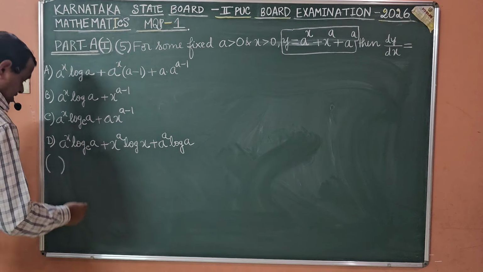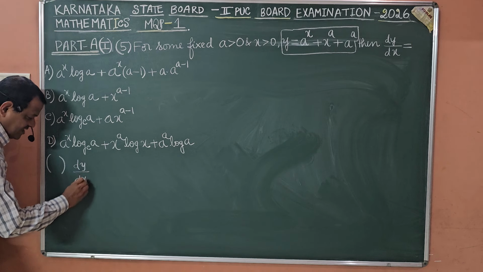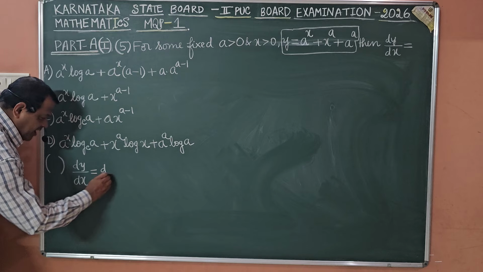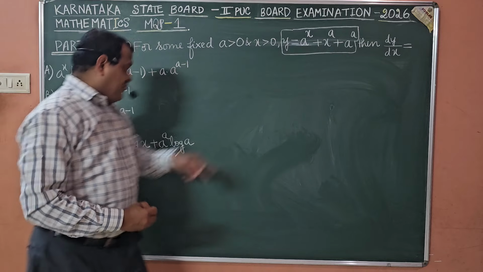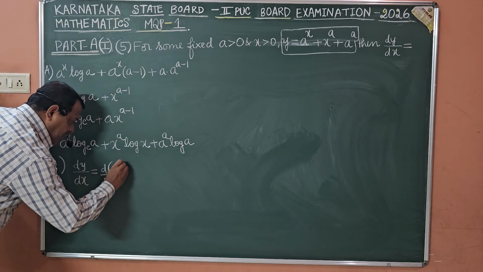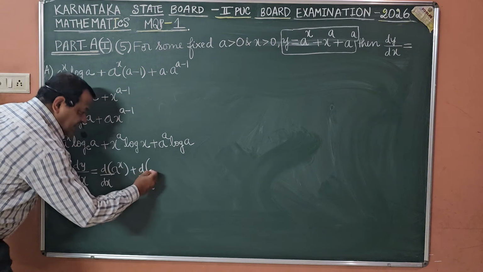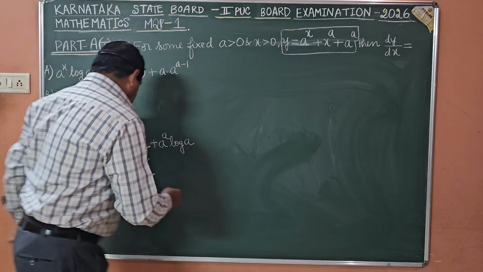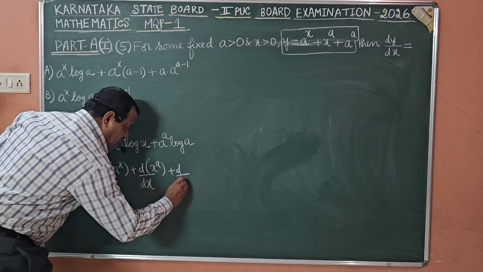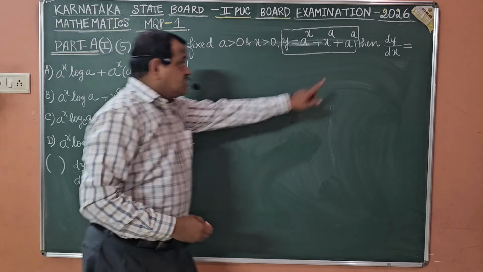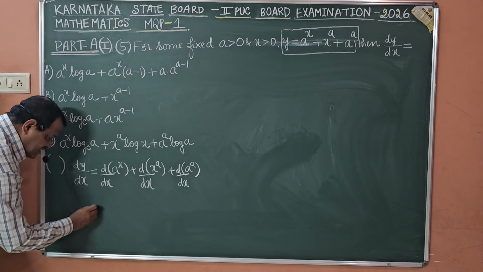Very easy question. Listen. So dy by dx is equal to d by dx of the right hand side first function a power x, plus d by dx of the right hand side second function x power a, plus d by dx of the right hand side third function a power a. And this is a formula.